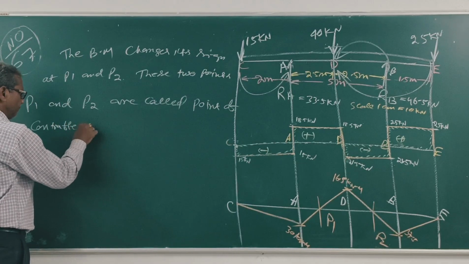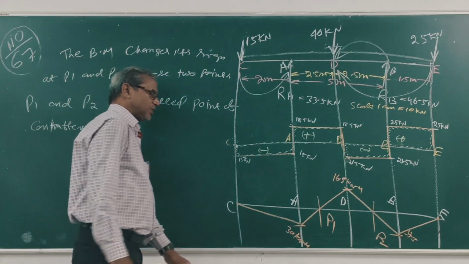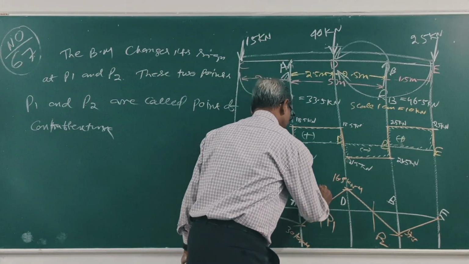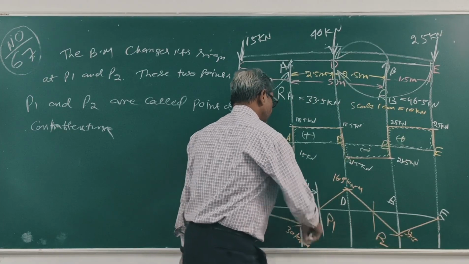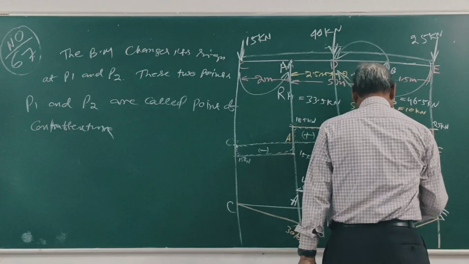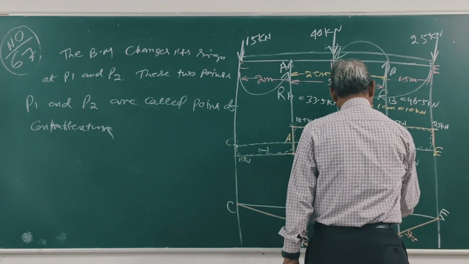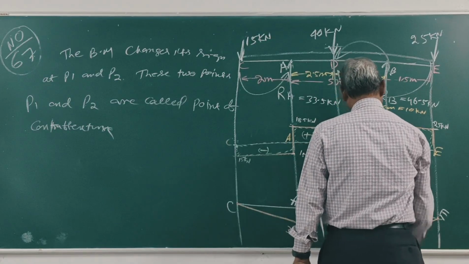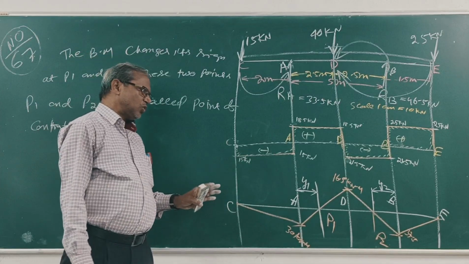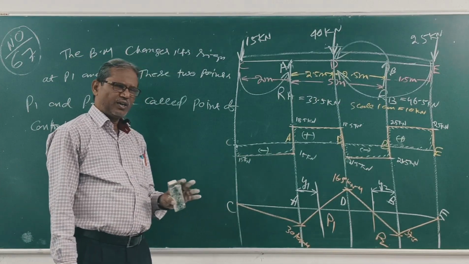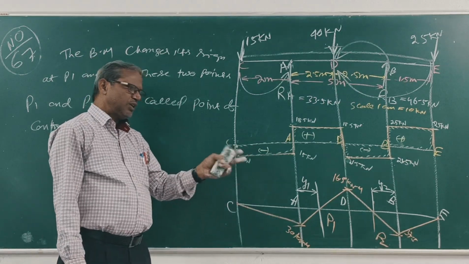Clear? Now we'll find out these 2 points. Suppose this is y1, this is y2. At this point, the BM is maximum. So, to find the values of y1 and y2, find BM at P1 equal to 0 and BM at P2 equal to 0. Clear?